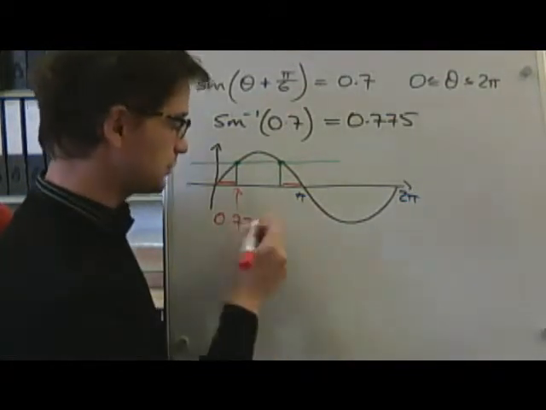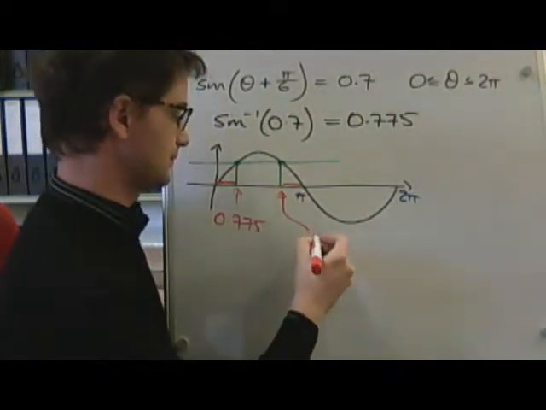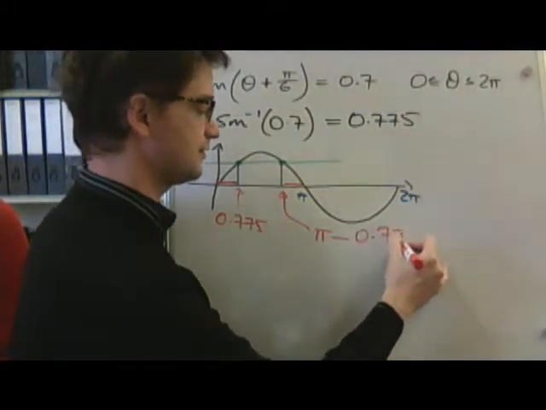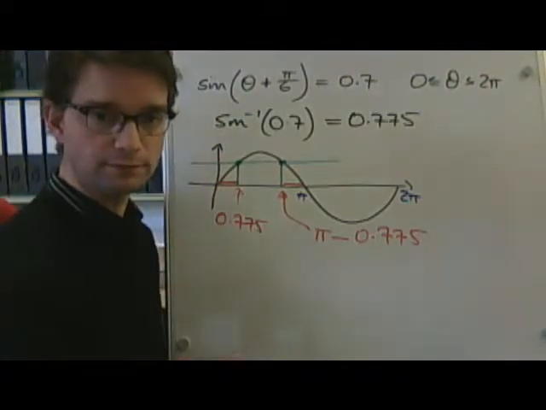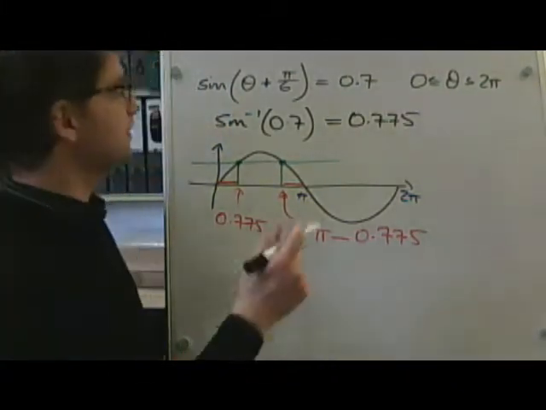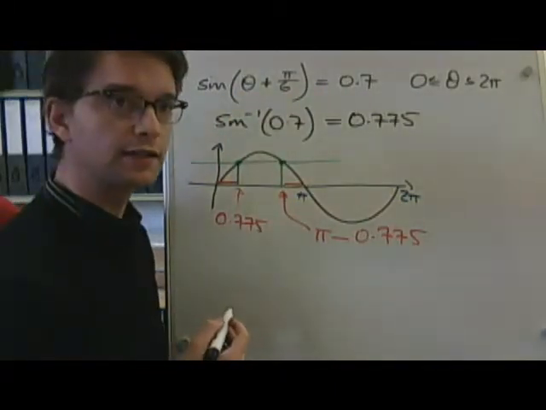So our other possible solution is pi minus 0.775. And these are possible values for theta plus pi by 6.